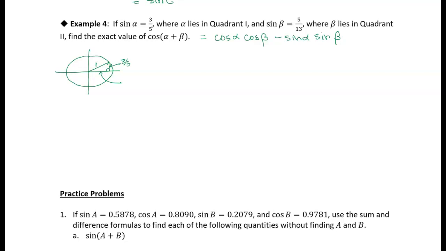So we can take the hypotenuse squared, which is just 1, minus the leg squared, which is going to be 9 over 25. And if I take the square root of it, I will get the length of that horizontal leg. This one can be written as 25/25.